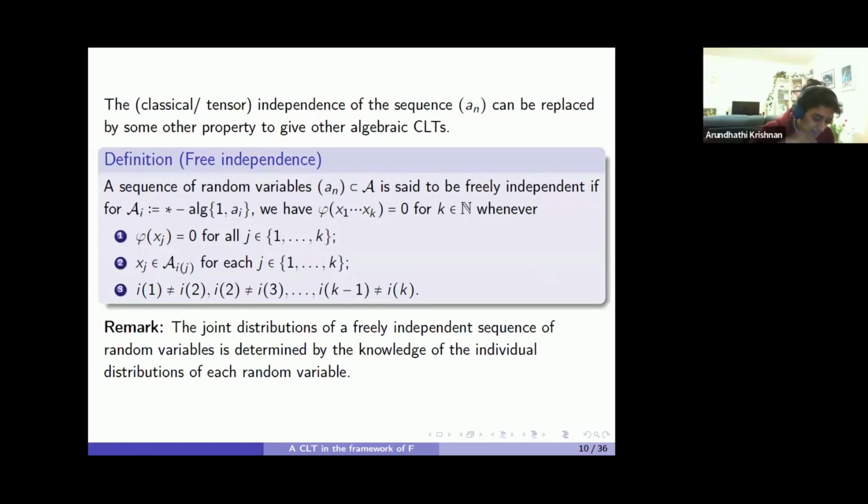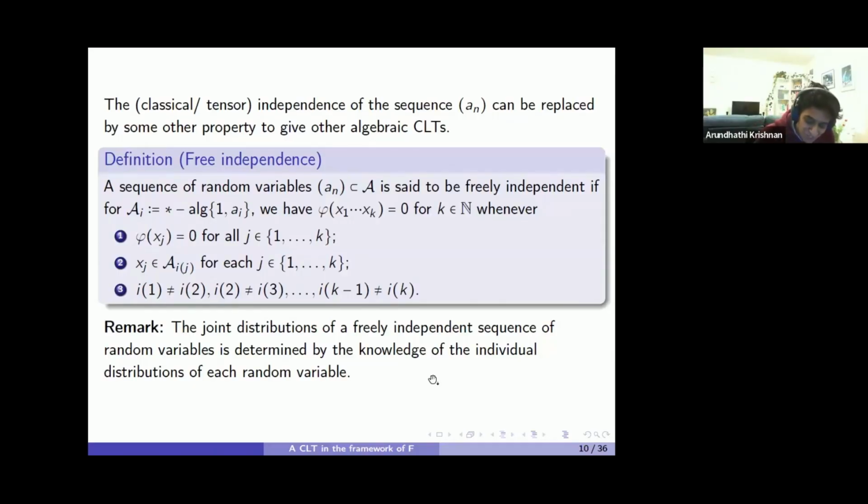But maybe the thing we should take away from here is that free independence is a natural sort of universal property, in the sense that just like in tensor independence, the joint distribution of a sequence of freely independent random variables will also depend only on the individual distributions of each random variable. So it won't just factorize like in the classical setting, but here also the joint distributions are determined by the individual distributions. So this is the key takeaway here.